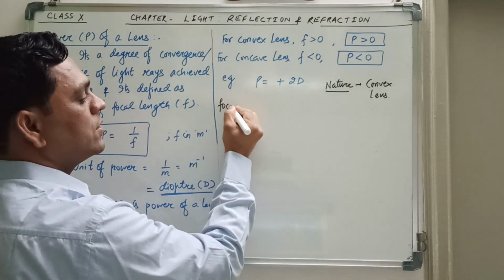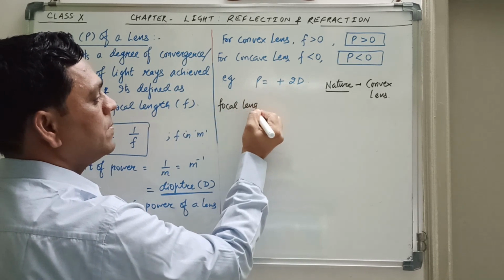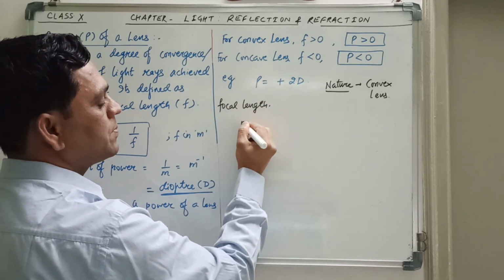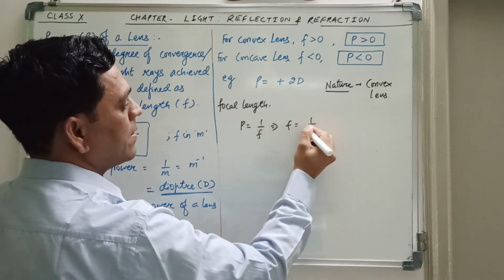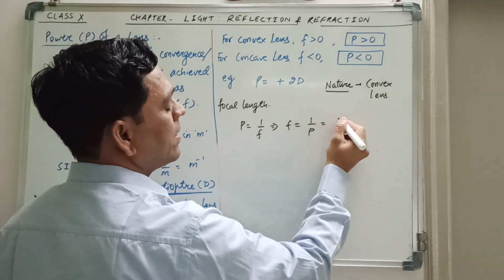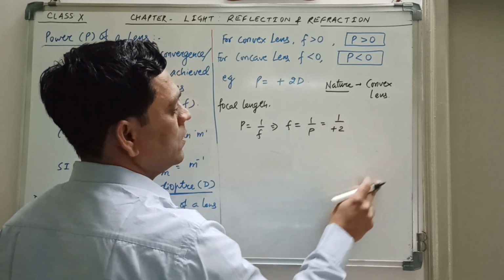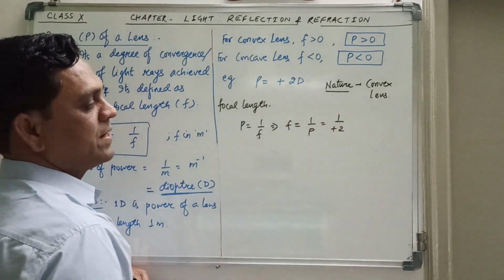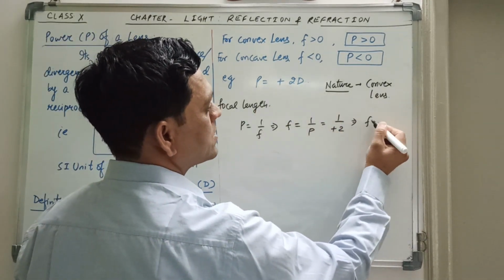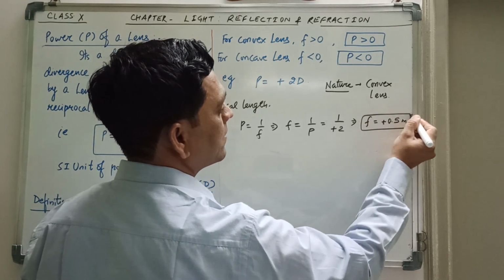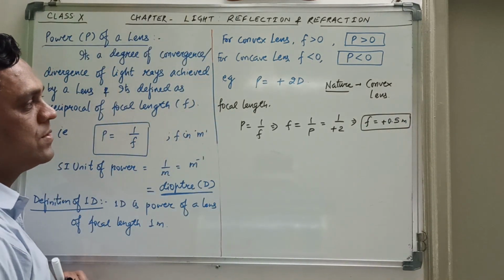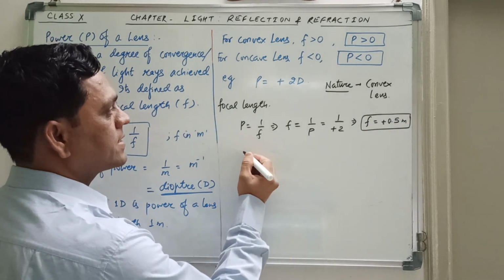If anybody asks you, then we know P is equal to 1 upon F, so F is equal to 1 upon P, so it will be 1 upon plus 2, which is 0.5, so the focal length will be 0.5 meter. Done?